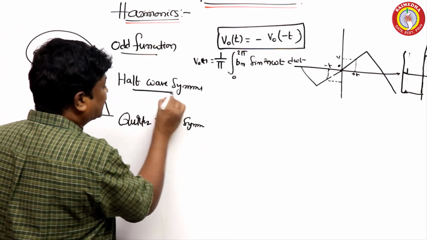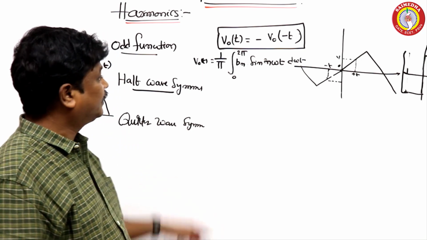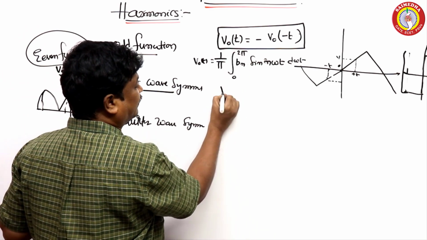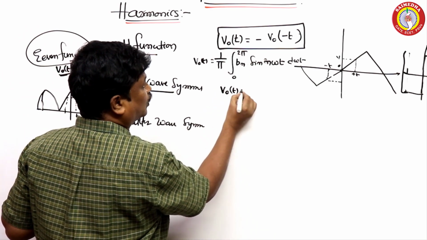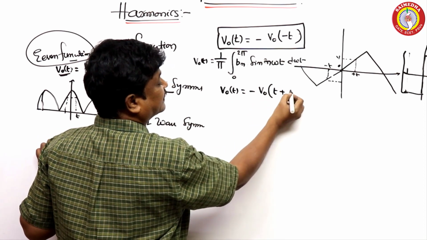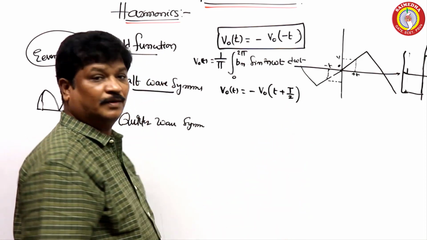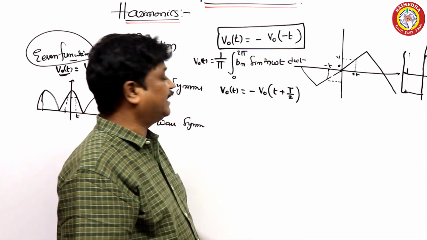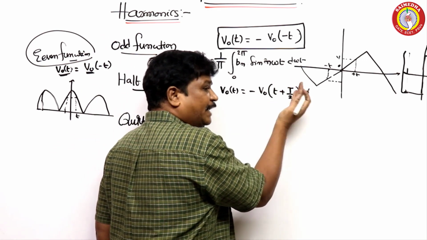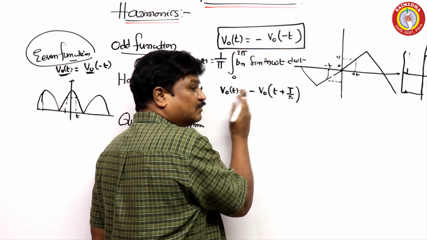Sir, what is the condition for half wave symmetry? For half wave symmetry, you take the same condition: V naught of t is equal to minus V naught of t plus T by 2. So after pi, T by 2 means pi, you will have the same signal.